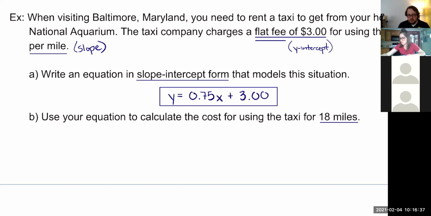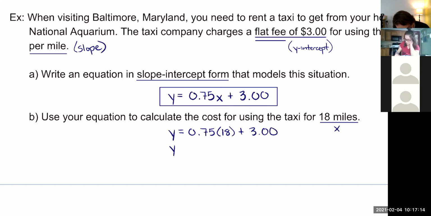If you think about it, y is representing our total cost, which equals 75 cents per mile. Remember, I think it was last unit, I said the word per suggests or hints at multiplication. So our miles is here at x, plus the $3 flat fee. So 18 miles is going to serve as my x. When I plug it in, I'm going to get y equals 0.75 times 18 plus the $3.